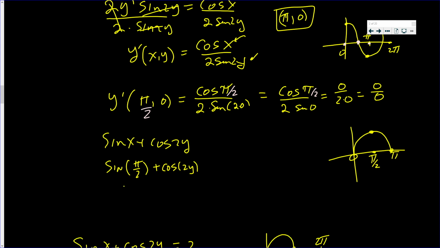It's 1. So we have 1 plus 2 times 0 is 0, because y is 0, and cosine of 0 is 1. So yeah, we are getting 2. So this point is on the original function.